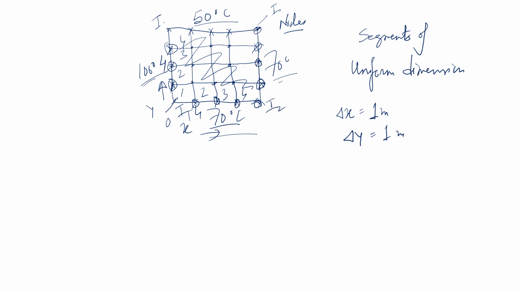So these 4 points we are ignoring, and all the other points at the edge are at the edge temperature. But these points, these 9 nodes or 9 points, we do not know the temperature at these.